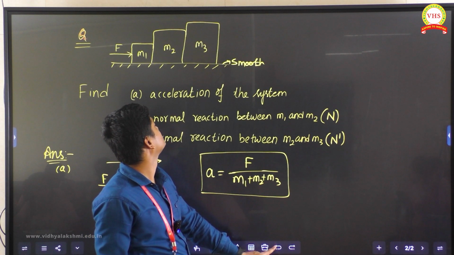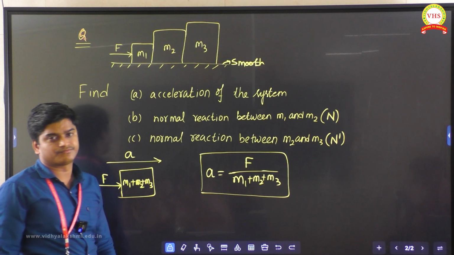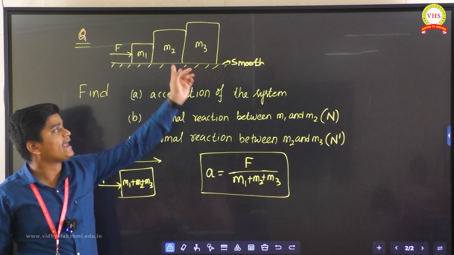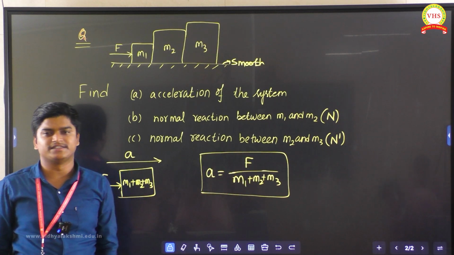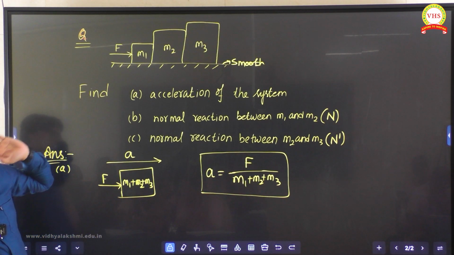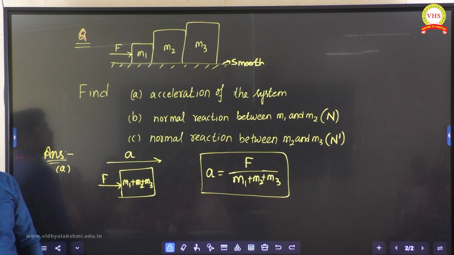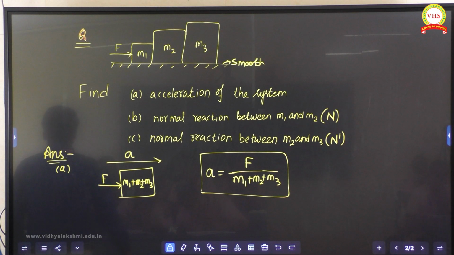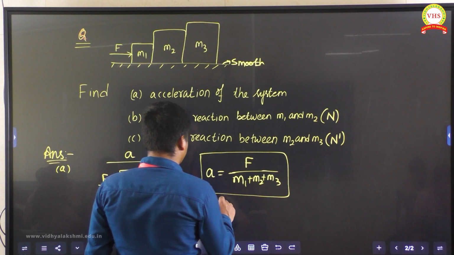You will do the free body diagram of M3, then you can find N prime easily. The calculation of N will take a little more work. So on the next page we will calculate. First I will calculate N prime, then I will calculate N. Okay. First, acceleration, everyone understood. So this is nothing but the acceleration of the system.